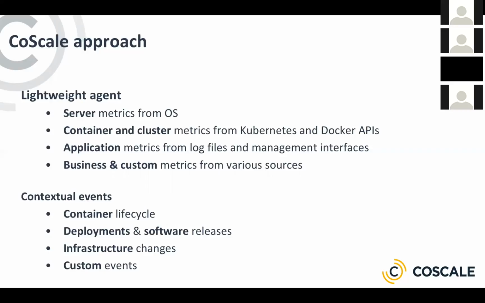And then we have a couple of business integrations, and we have a lot of ways to push custom metrics to our platform, because our goal is really to give you the complete view of your application, going from the highest level all the way down to the bottom, or in this case, going from business all the way to server, or from business all the way to container.